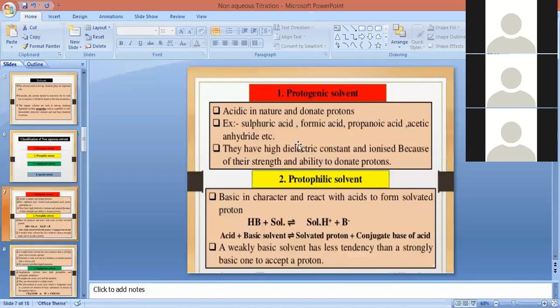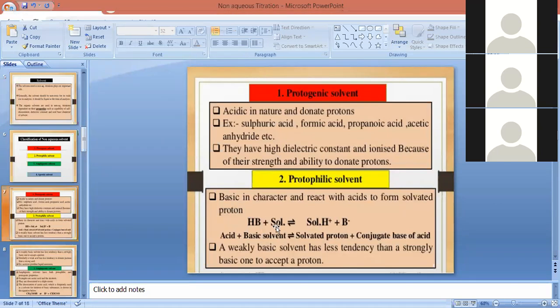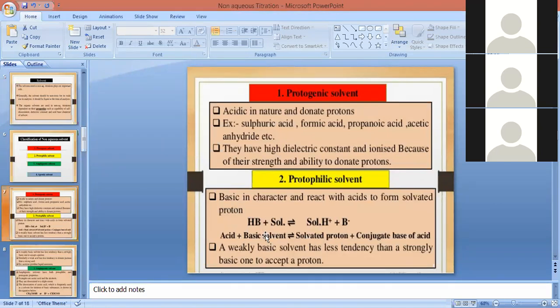Whatever H+ or protons are liberated by the protogenic solvent will be accepted by the protophilic one, and formation of solvated proton takes place. That is, the proton donated by the acid has been accepted by the base and a solvated proton is formed. A weakly basic solvent has less tendency than a strongly basic one to accept a proton.